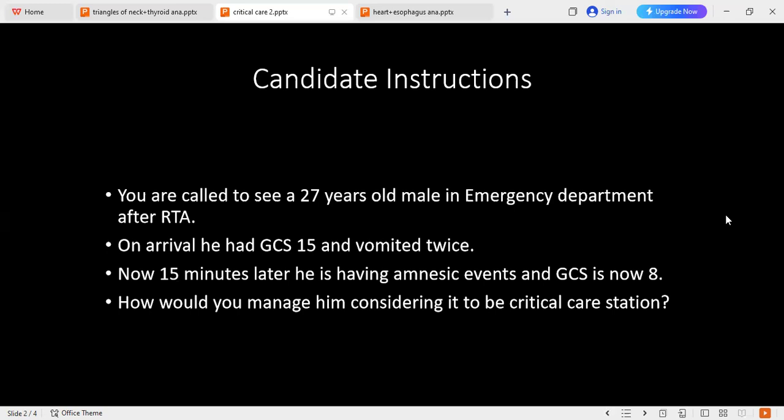To protect his brain, I should prevent hypoxia and hypotension. This is the most important in head trauma. Also, I will elevate his head 30 degrees. Sedation also helps to prevent agitation, and elective intubation prevents increased intracranial pressure.